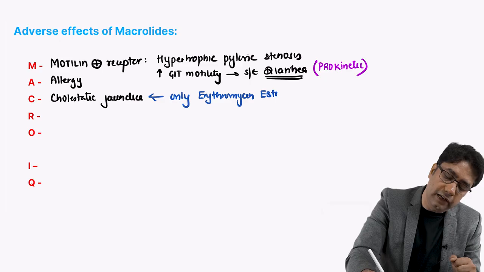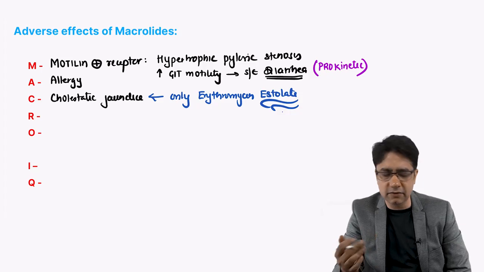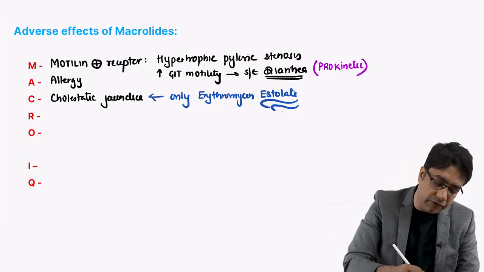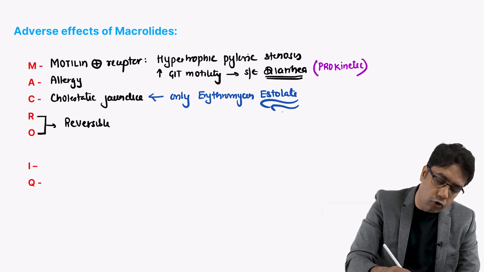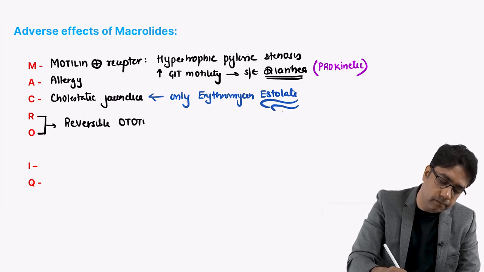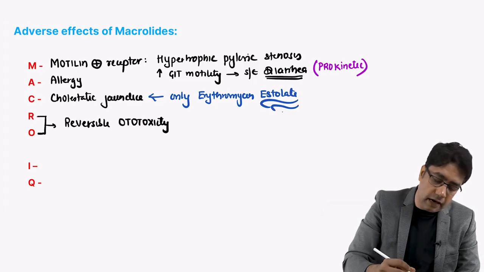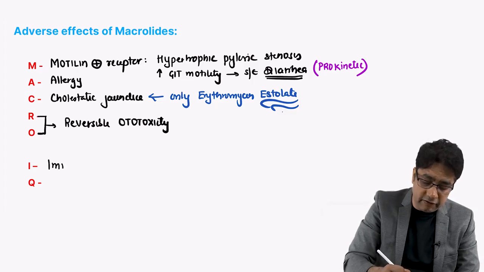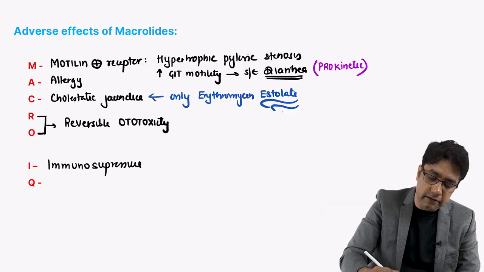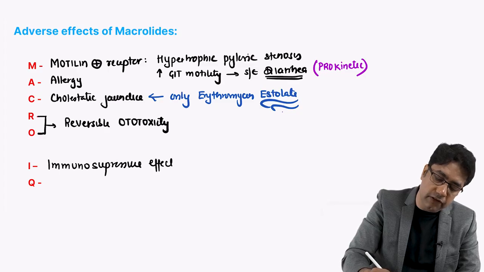So this estolate salt of erythromycin causes cholestatic jaundice. That is why we don't prefer to use this estolate salt. RO stands for they can cause reversible ototoxicity. I is for they have immunosuppressive effect. They reduce the immunity of the body.